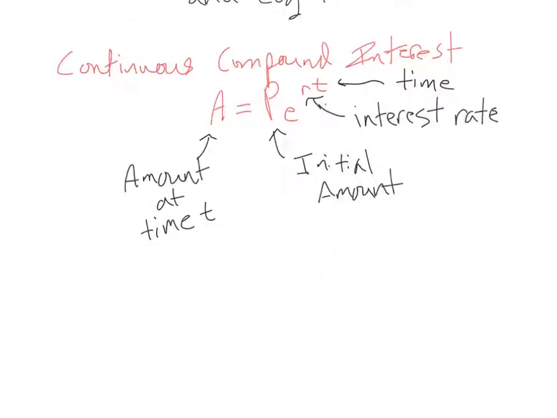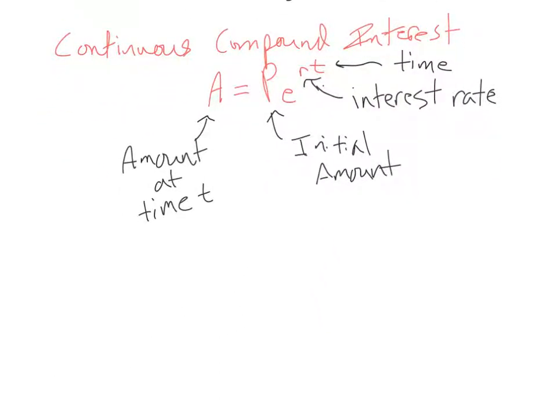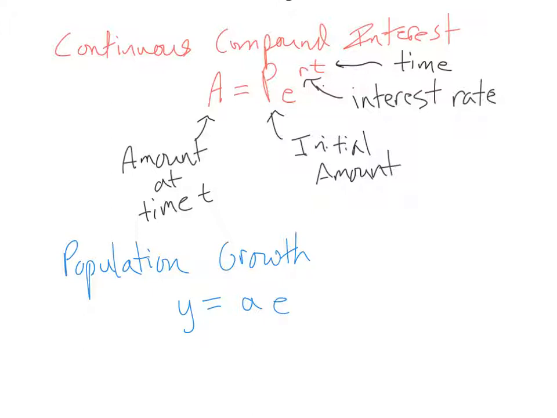There's another very similar formula which works with population growth, and it follows the same model. We just use some different letters for this, and it's y equals a times e to the kt. Let me rewrite that.